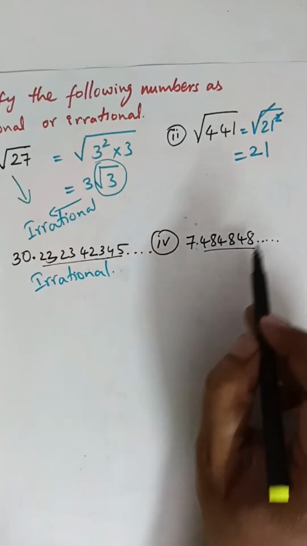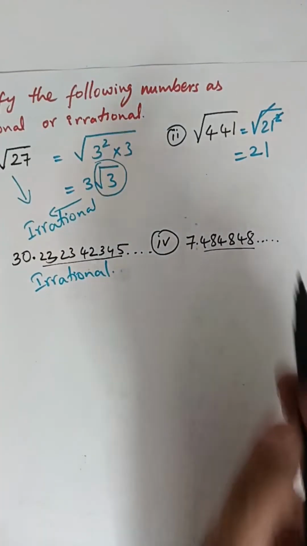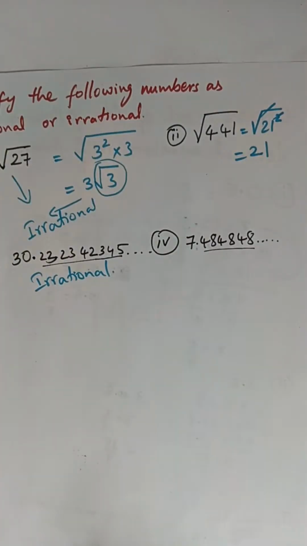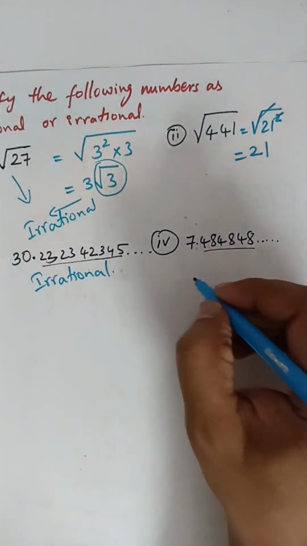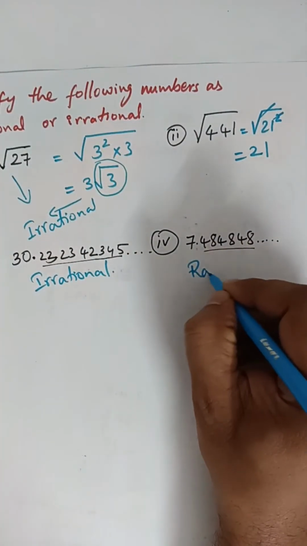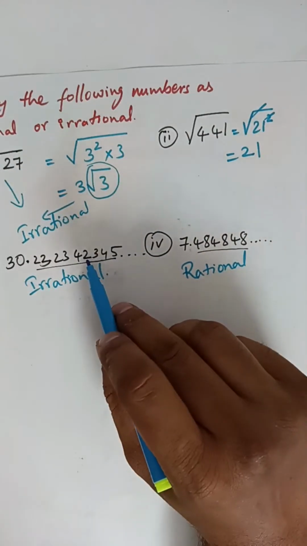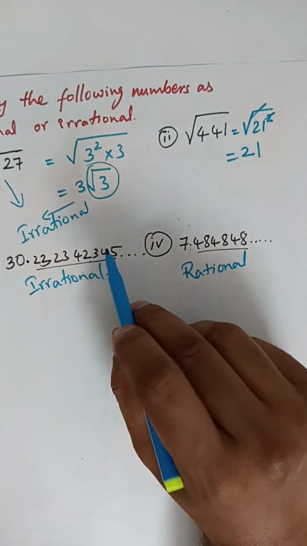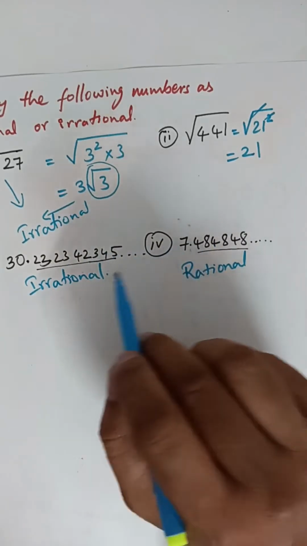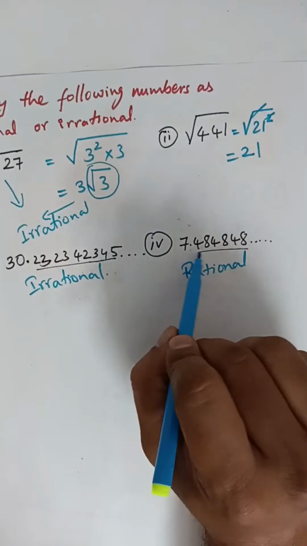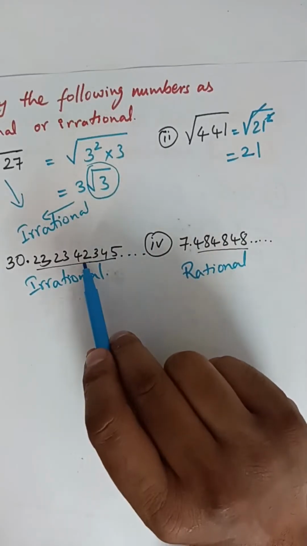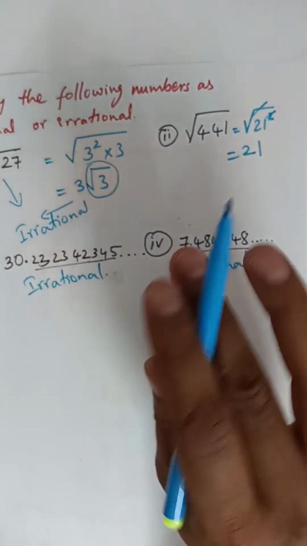Okay. So when the decimal part is repeating, it's rational. No need to think about it. It's rational. If it's not repeating, both are non-terminating, but which is repeating, this one is repeating, rational. It's not repeating, irrational. That's it.